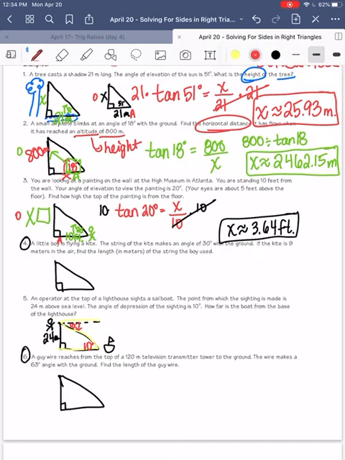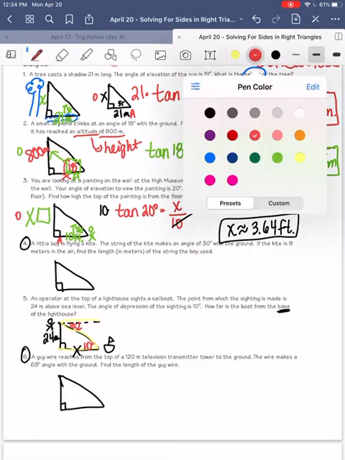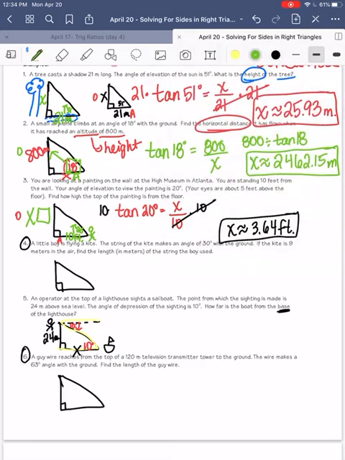Okay, and then it says, how far is the boat from the base? So there's a keyword you want to look for. Base means the bottom, so X is down here. Again, according to this 10 degrees, this is our O and this is our A. Oh, and you guys, once you draw the angle of depression in the new spot, you can kind of ignore this one now.